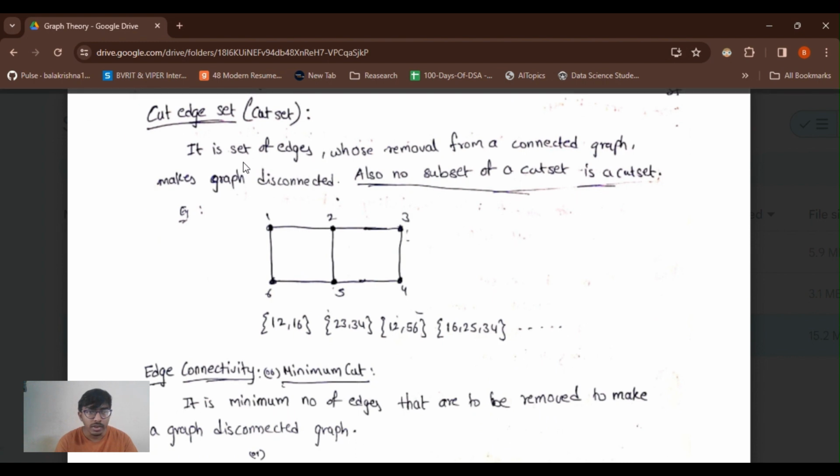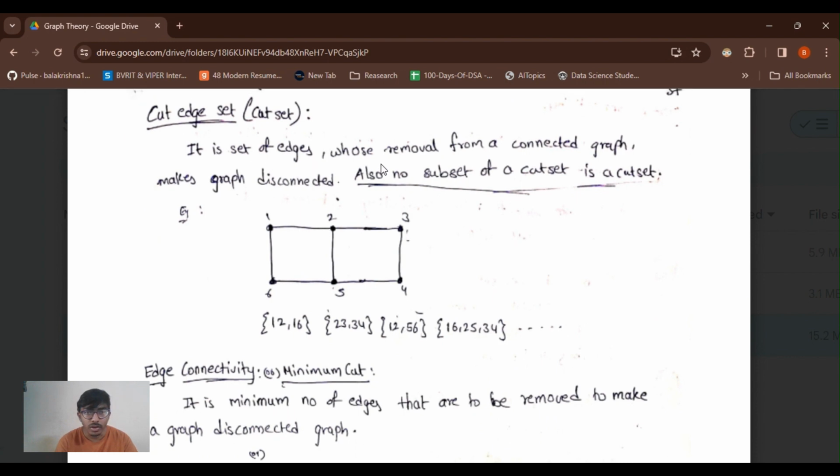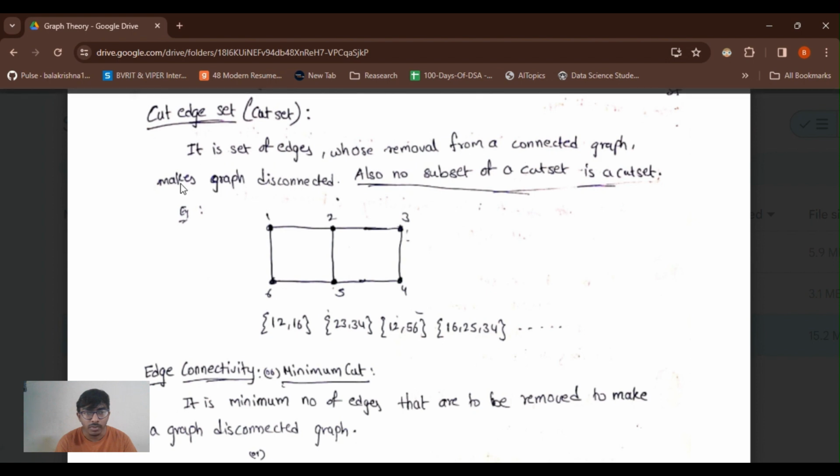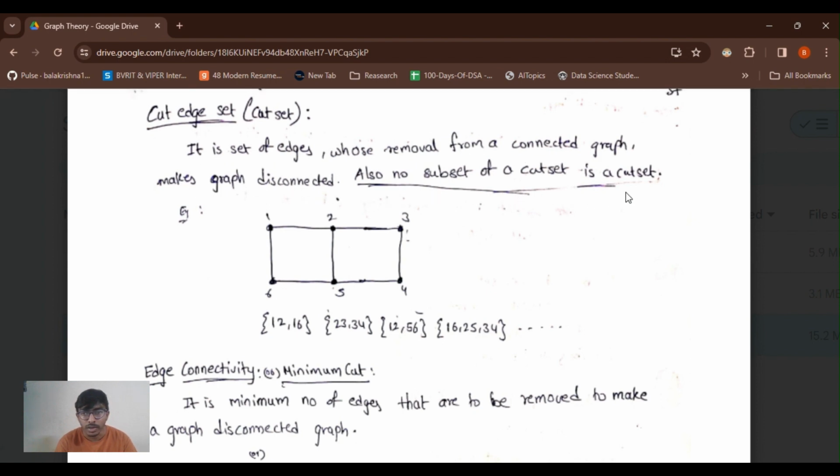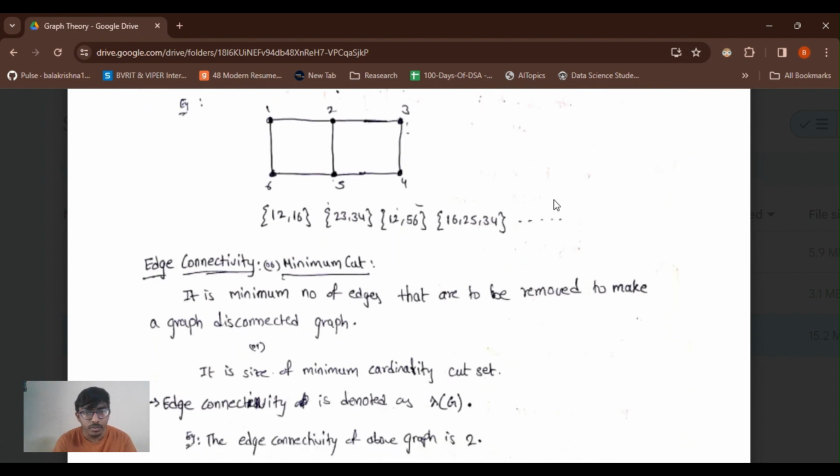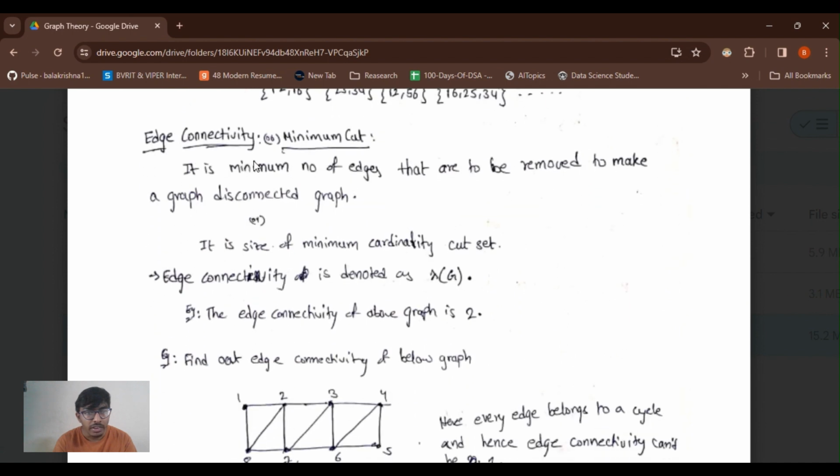Cut set. It is the set of edges whose removal from a connected graph makes the graph disconnected. Also, no proper subset of a cut set is a cut set. Edge connectivity or minimum cut. It is the minimum number of edges that are to be removed to make a graph disconnected.